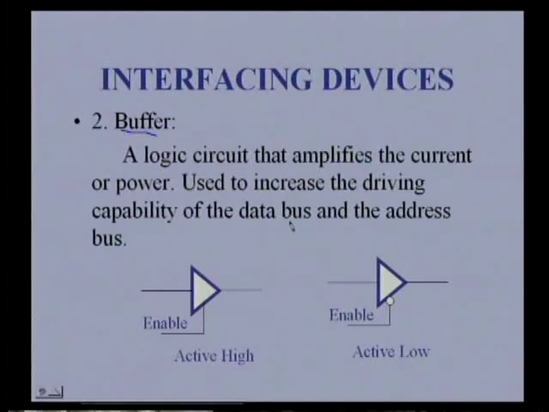That must be copied into a latch, so that we can make use of that address later. So the latch is also an important interfacing device, and these buffers amplify the signal so that the signal strength is better.